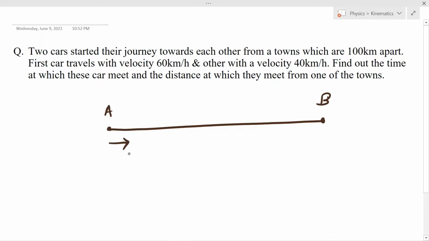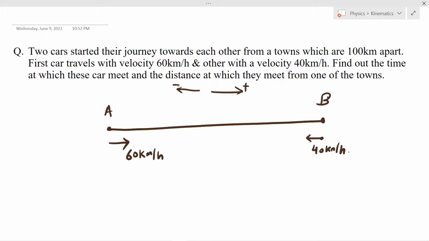The first car travels with 60 km per hour, and the other car travels with 40 km per hour. So it is toward each other. Now let's define the right and left direction. Right is positive, left is negative, suppose. Find out the time at which these cars meet and the distance at which they meet from one of the towns.